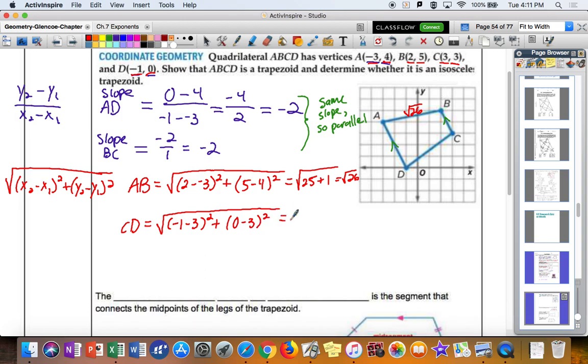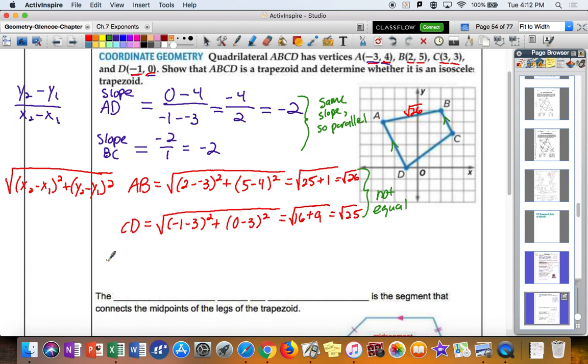So negative 1 minus 3 is negative 4. Negative 4 squared is 16, plus 0 minus 3 is negative 3. Negative 3 squared is 9. I could have gotten both of these positive if I had reversed the subtraction, but in any case, we get the same answer. Square root of 25. Notice that those are really close to each other, but these are not equal. So we know that although it is a trapezoid, it is not an isosceles trapezoid.